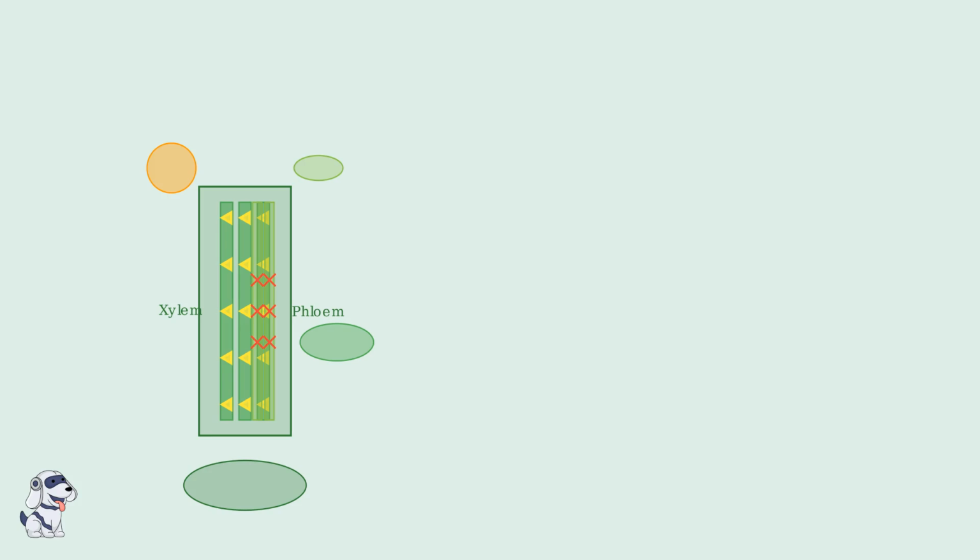Unlike other nutrients, calcium is relatively immobile in the phloem, which means it cannot be easily redistributed from older tissues to newer, rapidly growing parts. This immobility leads to calcium deficiency symptoms appearing first in rapidly growing plant parts, such as young leaves and developing fruits, even when older tissues have adequate calcium levels.